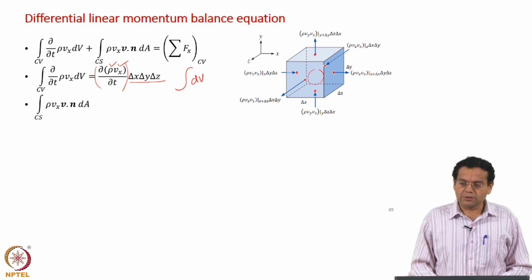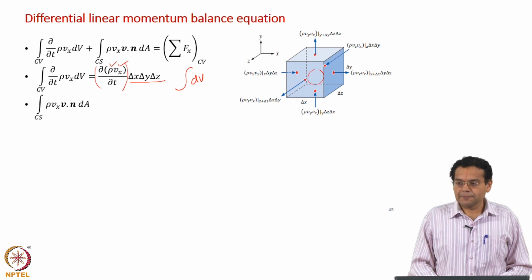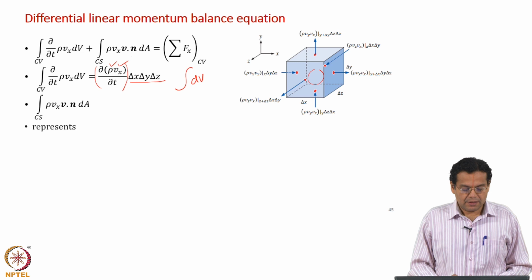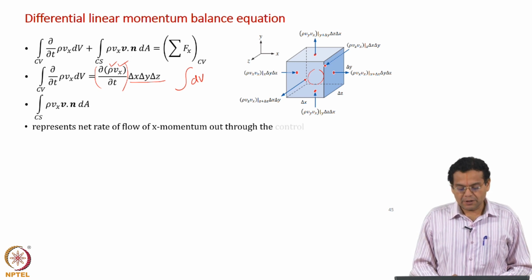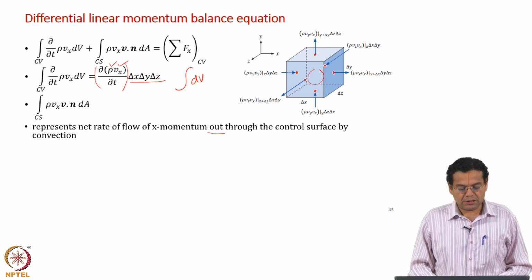Now, let us move on to the net rate at which x momentum leaves the control surface, which is the convective momentum. So, this represents the net rate of flow of x momentum out. Out is important because n is the outward normal through the control surface, by convection.